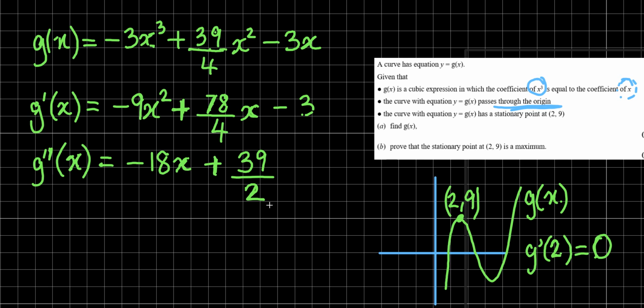Now when x is 2, we need to find out what the value is. So when x is 2, we'll have minus 18 times 2 plus 39 over 2.